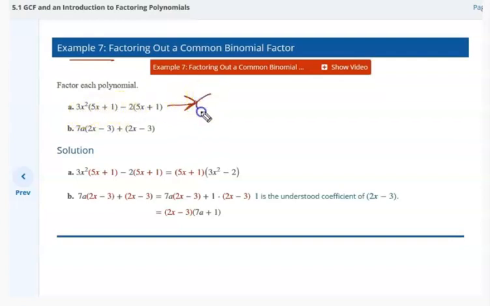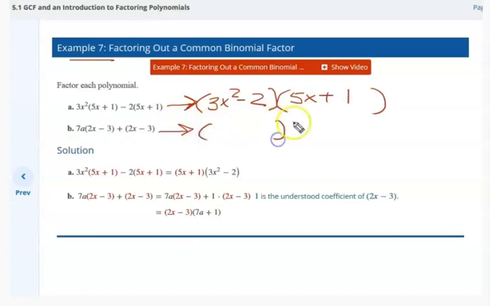Again, a technique would be you have a common binomial. You could put that here, 5x plus 1. And then this term goes in this parenthesis, 3x squared. And this term goes there. And the same thing here. We'll just write it. 2 sets of parentheses.